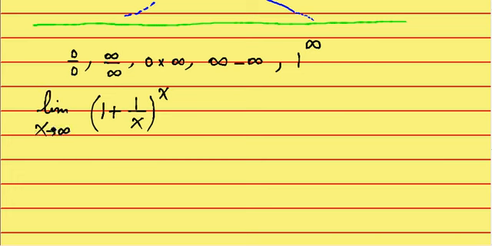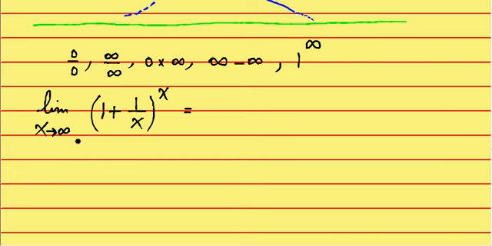This is one of the most famous examples of this situation. Let's see what happens when x goes toward large numbers like going toward 10 and 100 and so on, this fraction goes towards 0 and the parentheses becomes close to 1, while this exponent is running away.